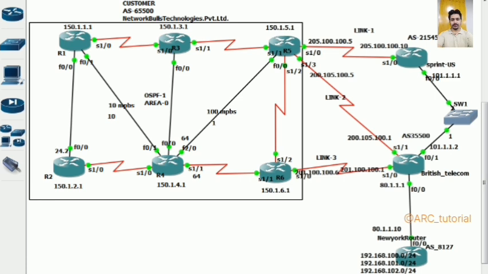So this time whenever from R6 you try to reach the internet, your traffic will go directly in the direction of R5. It will never go via R1. This is the advantage of BGP not modifying the next hop address for its IBGP neighbor. Have you understood it or not?